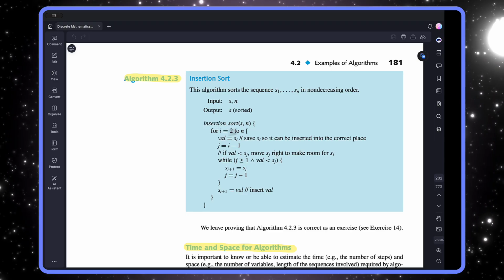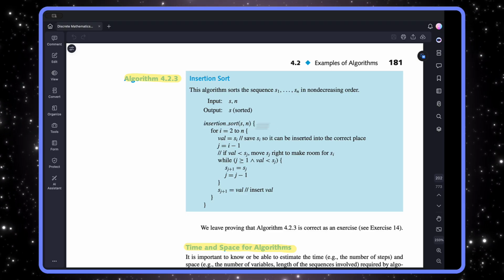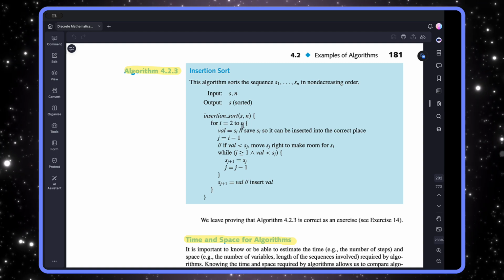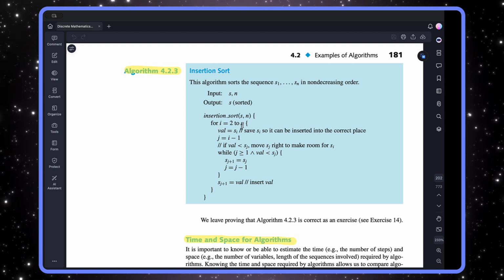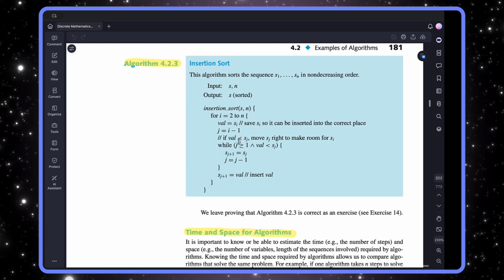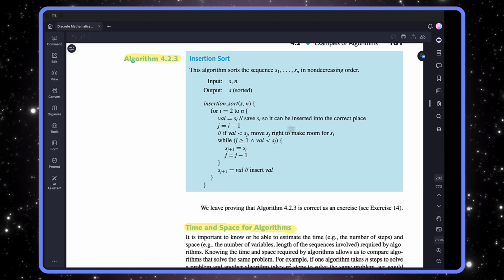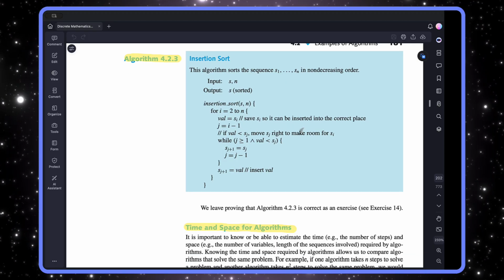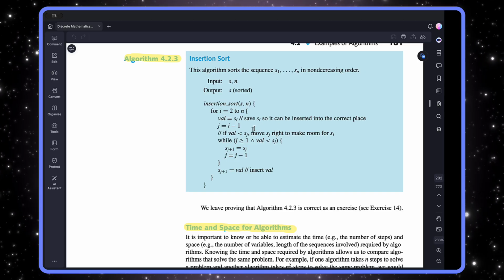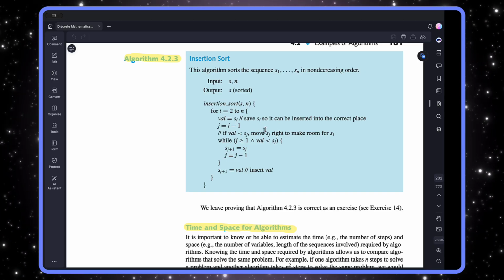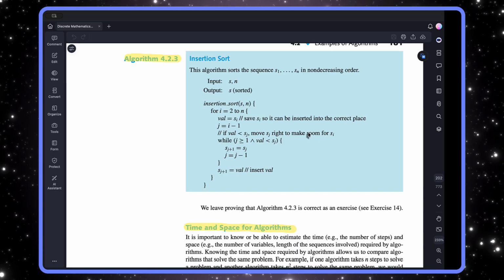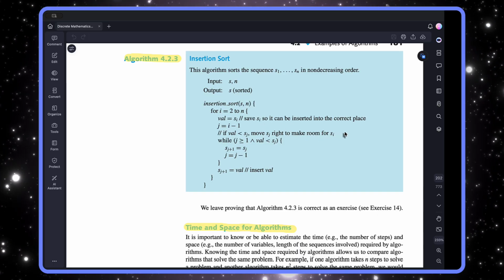It'll insert, so for I equals 2 to N, it sets value equal to S sub I and saves it. And then for J equals I minus 1, it looks at the value and moves things over. If value is less than S sub J, it moves S sub J right to make room for S sub I, okay?